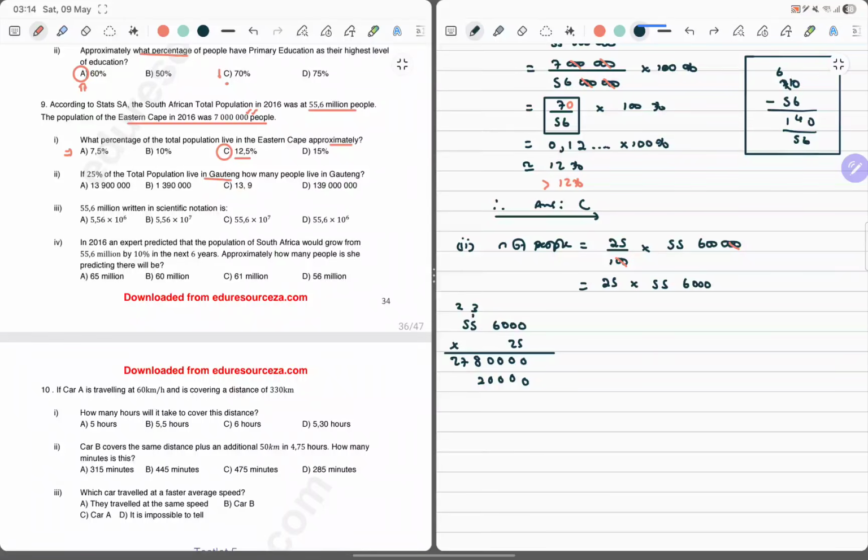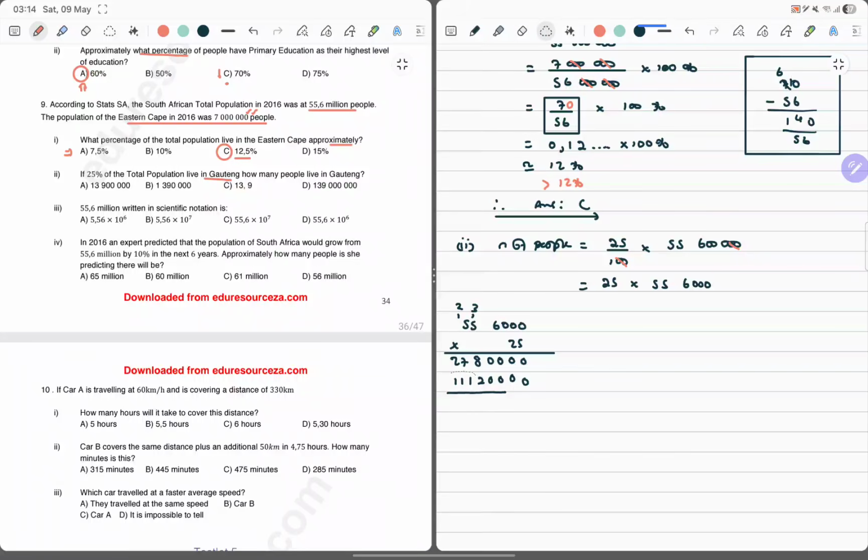Then 2 times 5, that's 10, plus 1, 11. We carry 1. 2 times 5, 10 plus 1, 11. I never saw it.